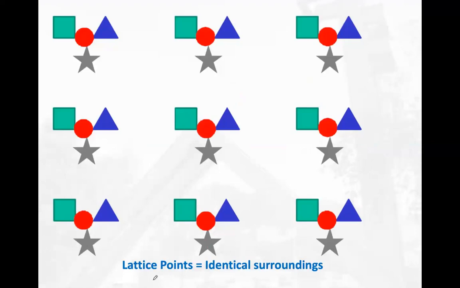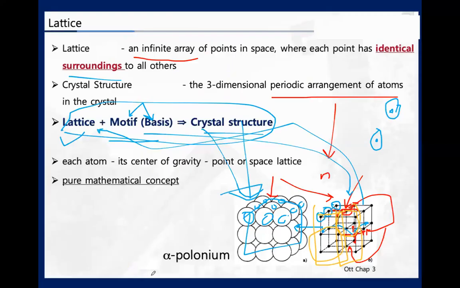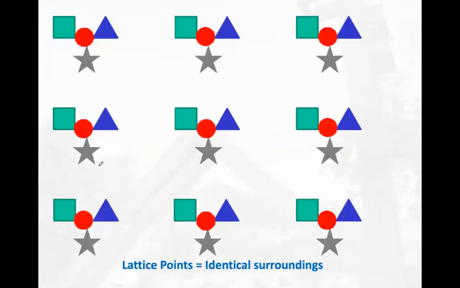We discussed previously the identical surrounding, right? You take a point, and you look at the surrounding. For example, if you take this red point here, what is its surrounding? Here a triangle, here a square, and here a star. If you compare it with this place, and this place, and this place, what do you see?